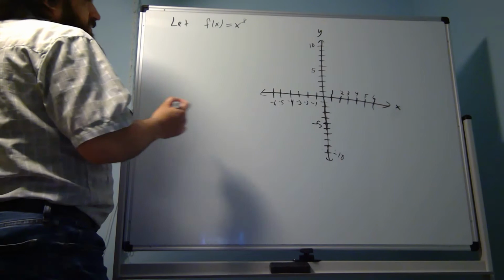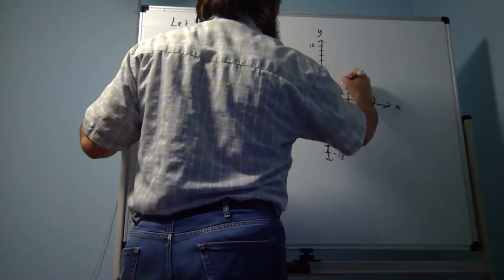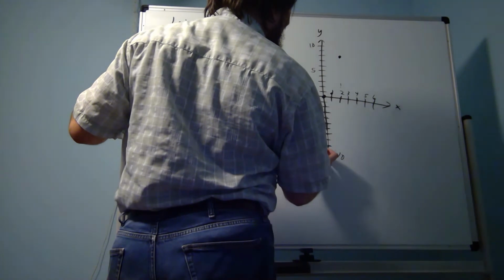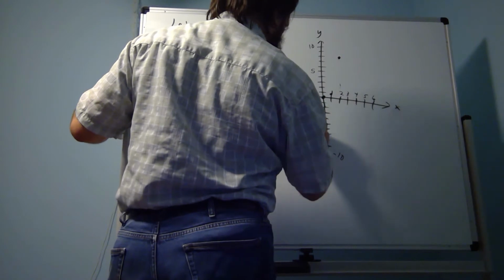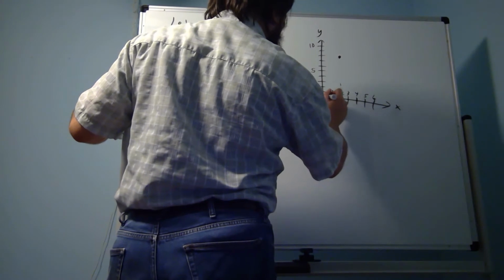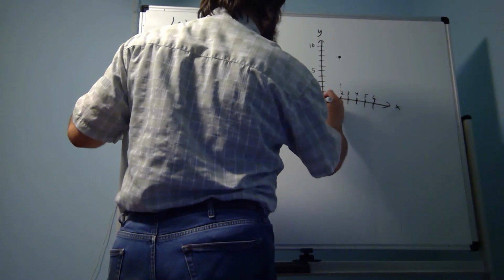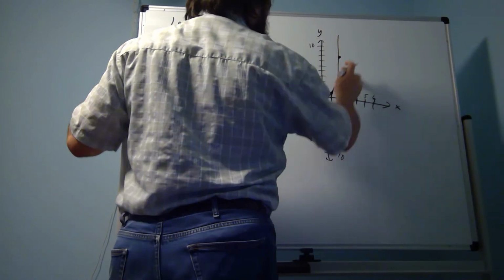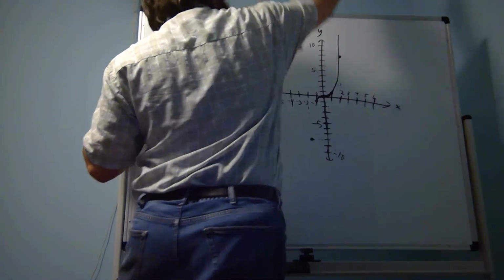Okay, so it actually starts out extremely flat, and then it starts bending a lot very quickly, and when you get to 3, 3 times 3 times 3 is 27, which is way up there.